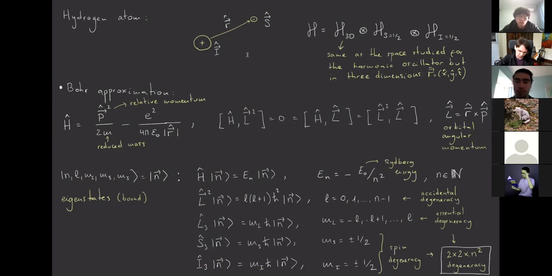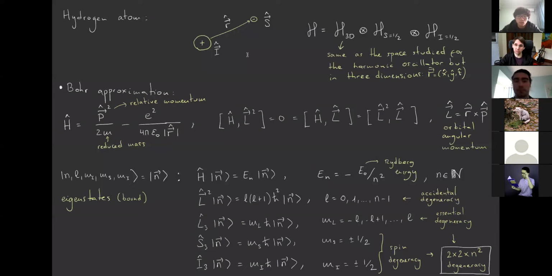And then we have the third component of the spin, which can have eigenvalues plus or minus 1 half. Something I didn't mention is the energy degeneracy of this system. Because the energy depends only on the single quantum number n, you have degeneracy in all the other quantum numbers. It's interesting to note that the degeneracy in the quantum number m_l, the third component of the orbital angular momentum, is something you probably have studied for rotationally invariant potentials.